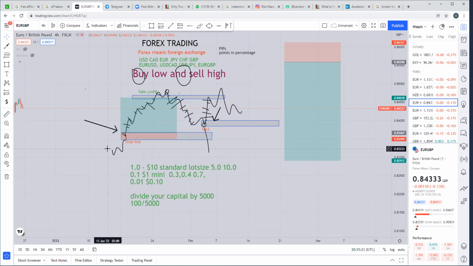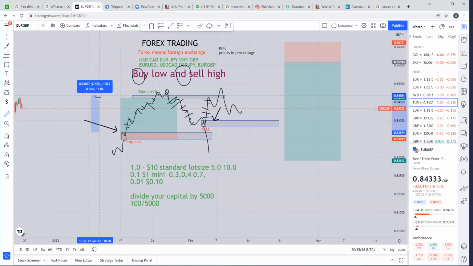But if the market goes in our direction, now how many pips do we have here? Let's say the market has gone in our direction to this point. Now this is 94 pips. Now what we would have made in profit is $940 if the market had gone in our direction.